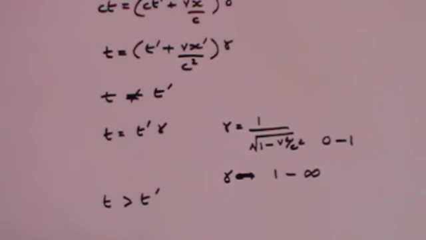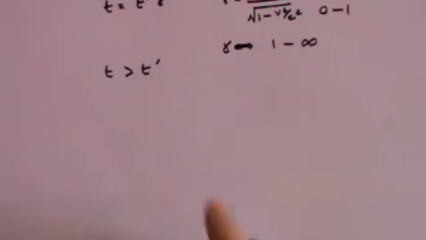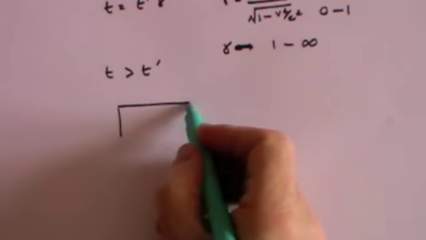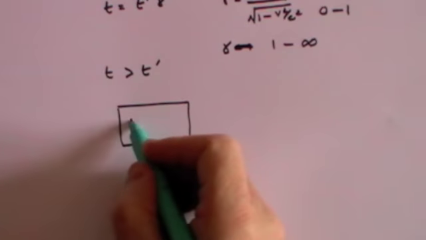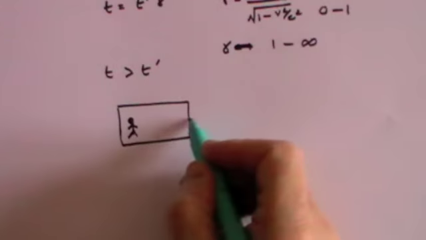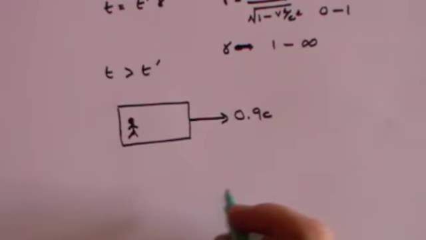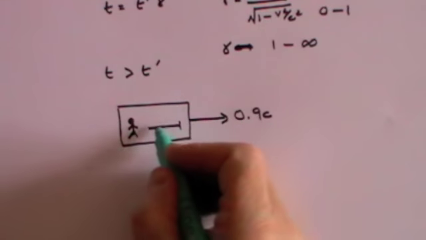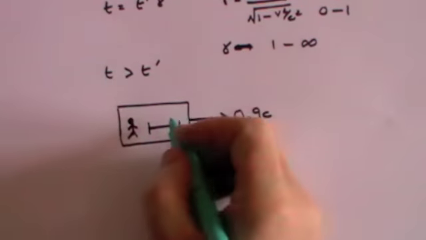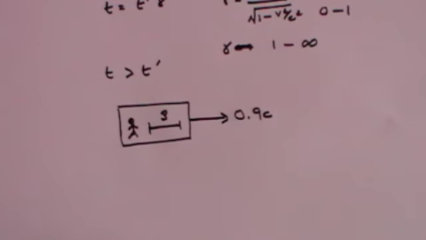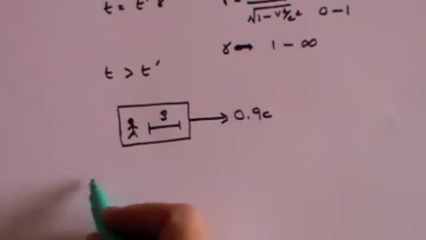So let's look at some examples of length contraction and time dilation. First we'll do length contraction. Here is Alice on board a train travelling at 0.9 times the speed of light. And she is going to measure the length of a rod, and we'll say that she measures it as 3 meters.